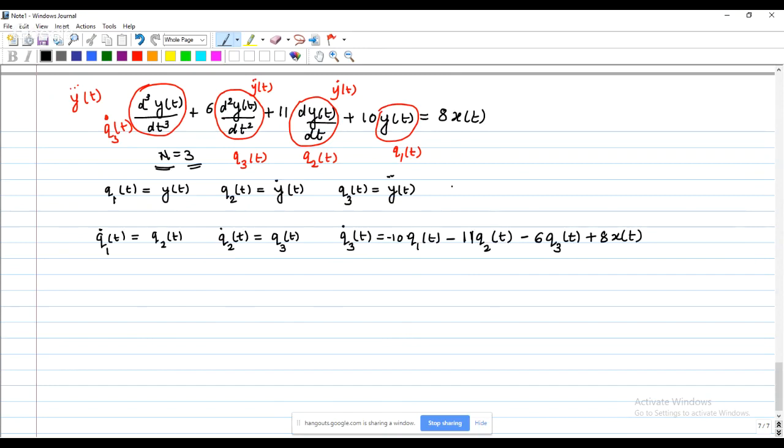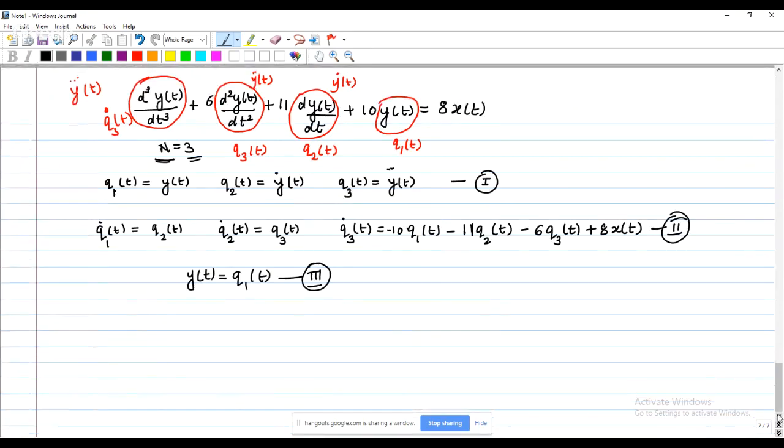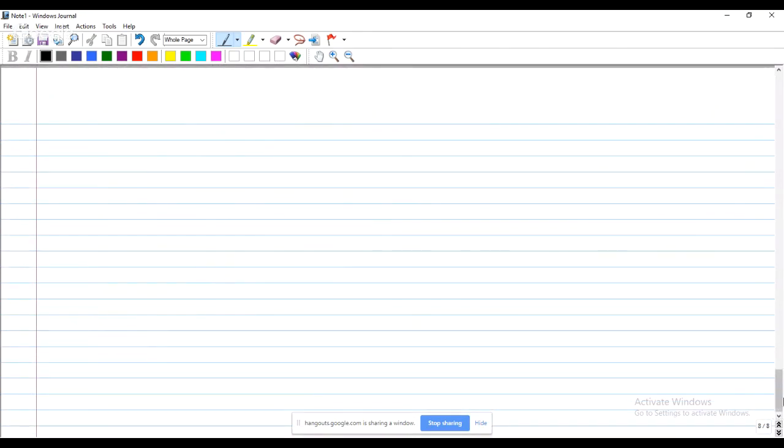So we got this as our three equations, which I called Roman 1. This equation, we called it Roman 2. The third equation I write, which is the output y(t) is equal to q1(t). This is my third equation. Now with these three equations, let us form our state space model.